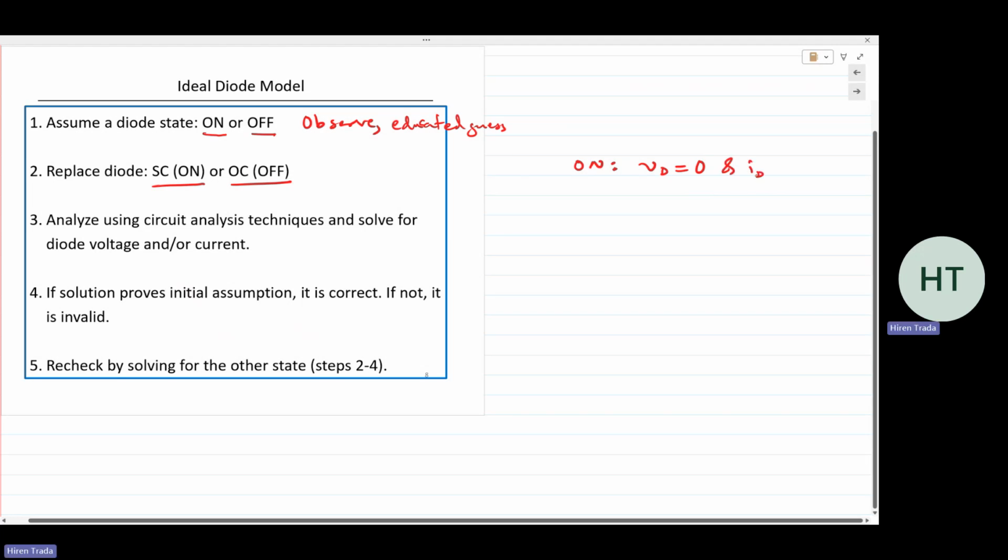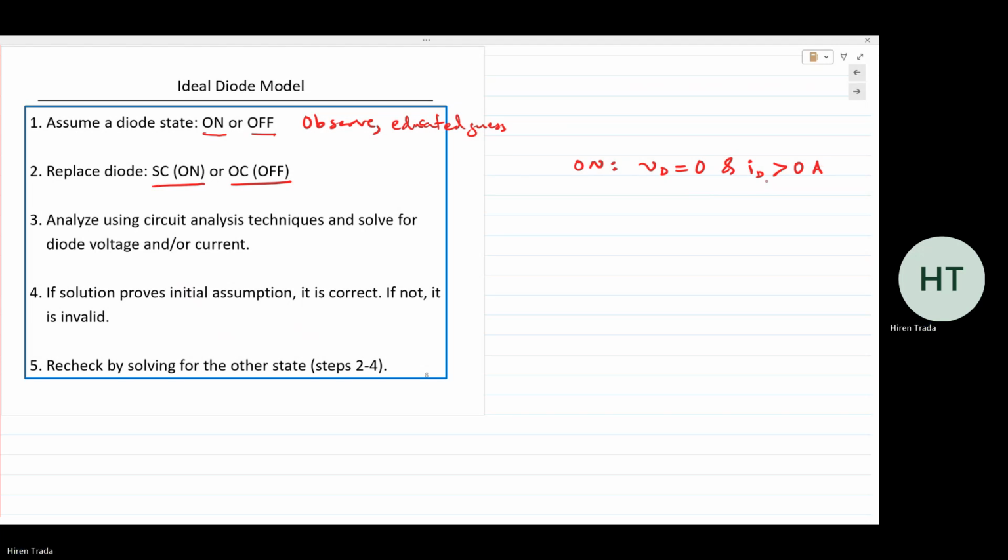And more importantly, ID must be greater than 0. If it's a short circuit, it provides a pathway for the current to flow through. So if you make an assumption that the diode is on, then the diode current ID must be positive, must be greater than 0. If it's 0 or negative, that means your assumption is incorrect.